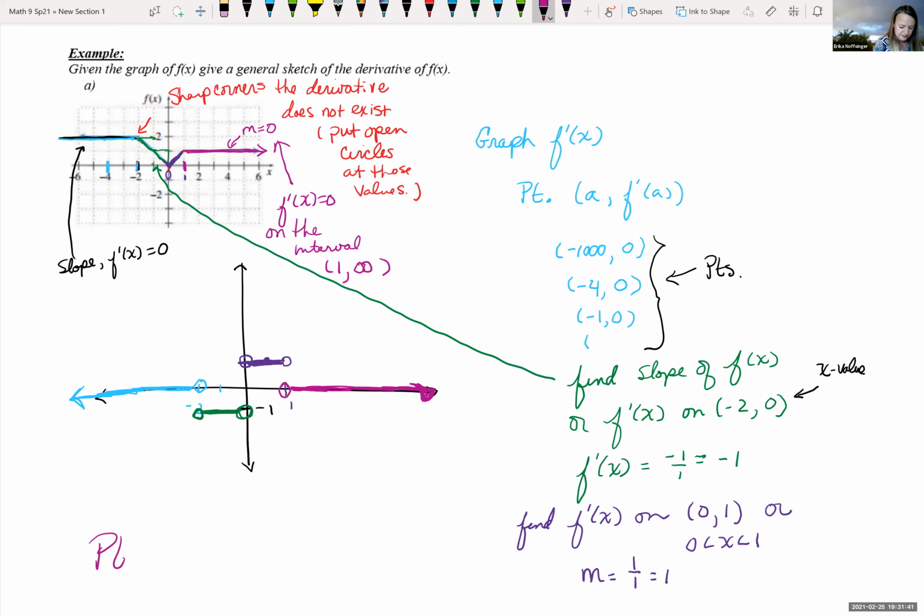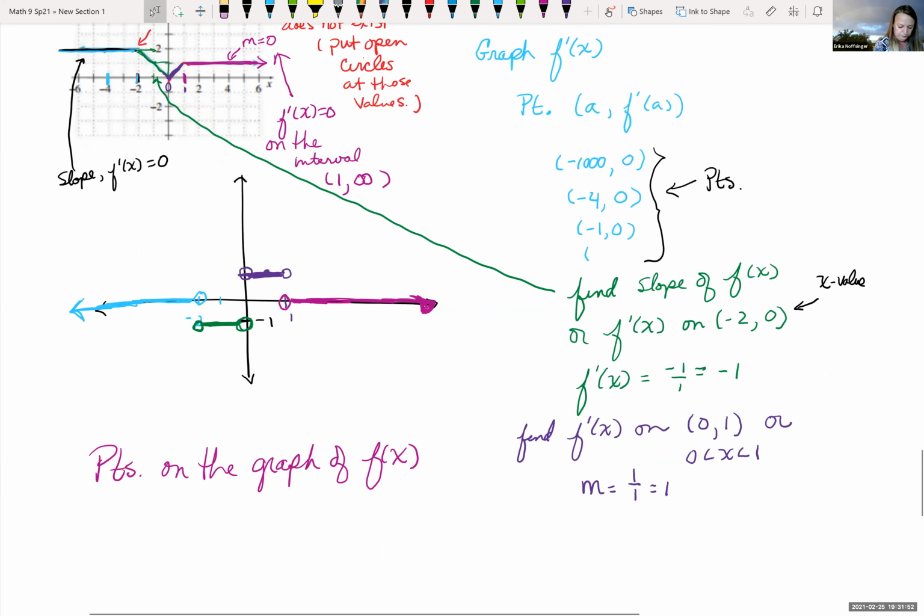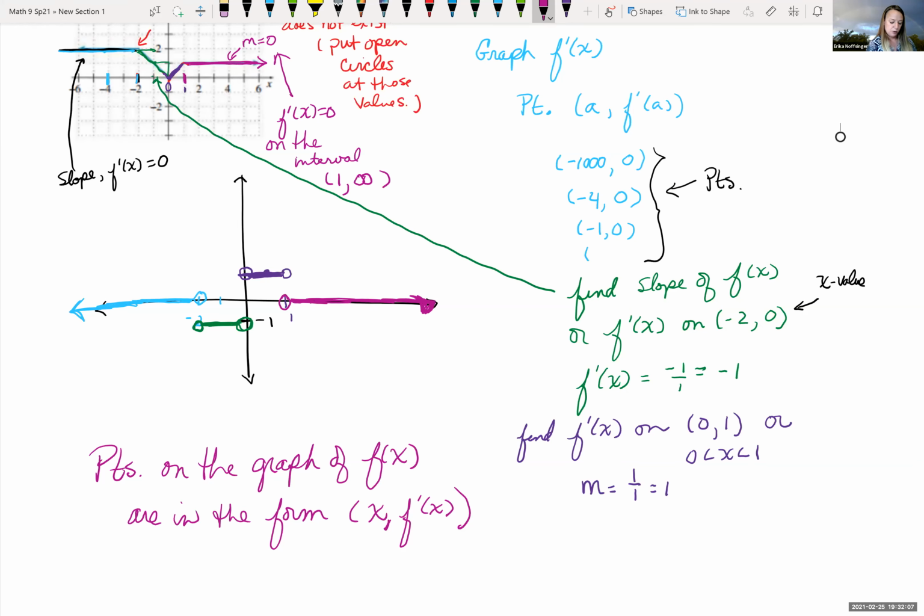So points on the graph of f prime of x are in the form same x value as our original function, but the y value is what that slope is at that point.